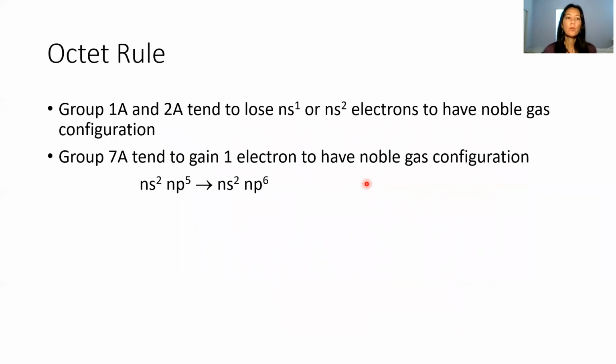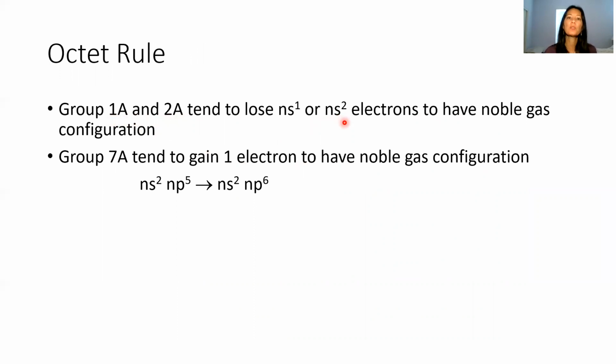Okay, so just to wrap things up, basically group 1A and 2A have these s outer electrons. Group 1 has one valence or outer electron in that s. Group 2 has 2 electrons in the s.